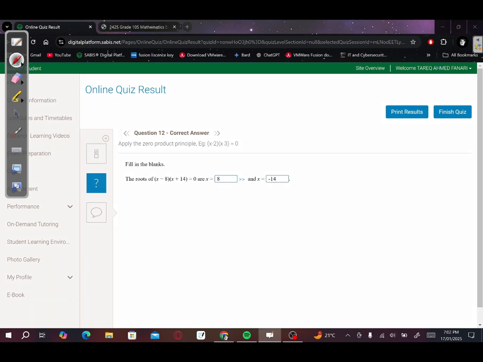The roots of x minus 8 into x plus 14. So I didn't solve this yet, but it's going to be solved in another question. It's going to be solved in question 14. X plus 14 is equal to 0. Okay, so x minus 8 is equal to 0.